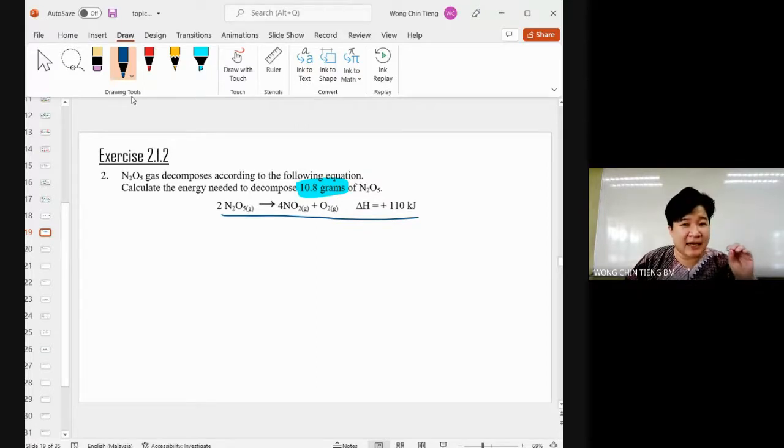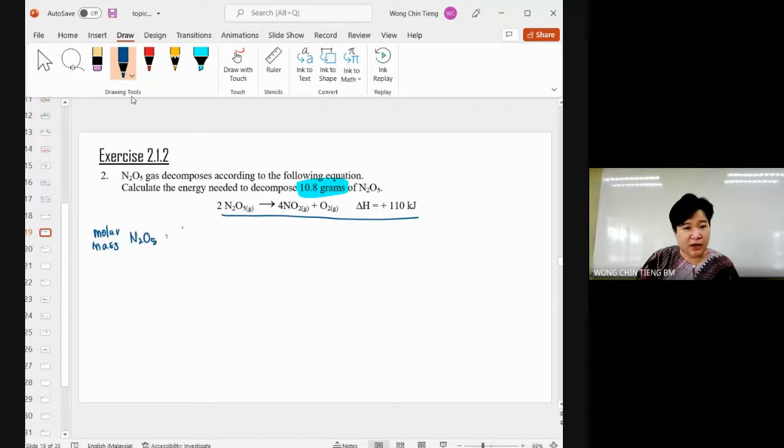Soalan ni hanya sebagai latihan untuk remind you one little thing. The one little thing is every comparison must be in mole. Tak kisah dia bagi mass, dia bagi volume, dia bagi apa pun, sayang benda pertama tukar kepada number of mole. Okay? So how do we change the mass to mole? Very quickly, we have molar mass. So molar mass of your N2O5.